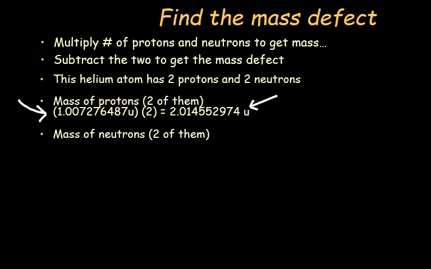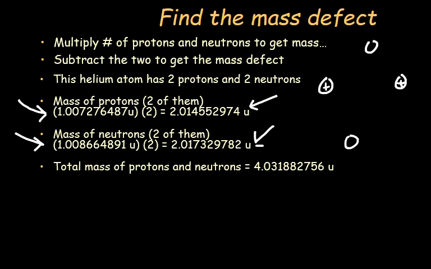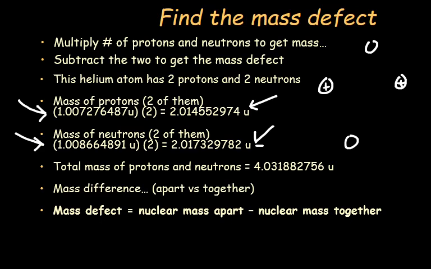Let's get the mass of the neutrons: 1.008664891 times 2. So that's the mass of 2 neutrons. Now, again, these are just on their own, so a proton here and a proton here, a neutron and a neutron, not together. So the total mass of the protons and neutrons is 4.031882752.